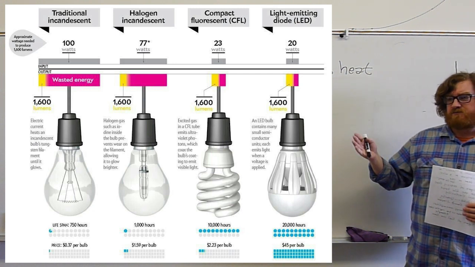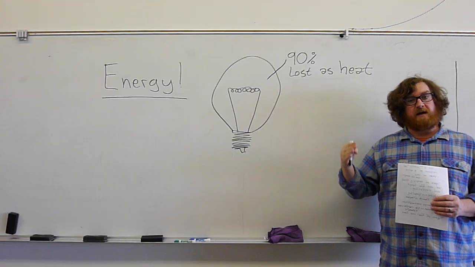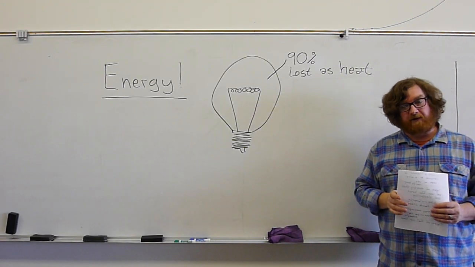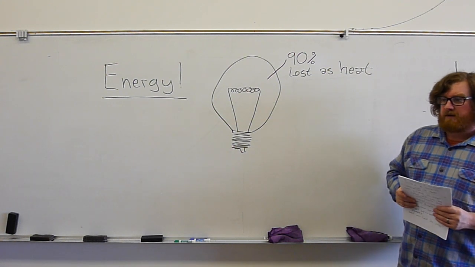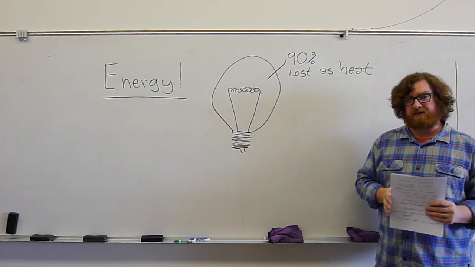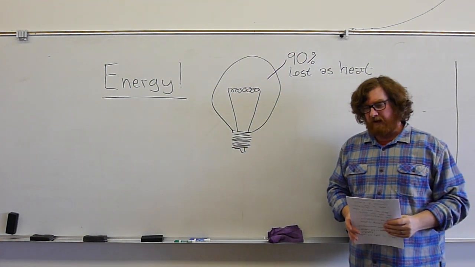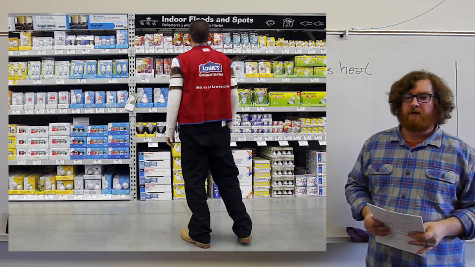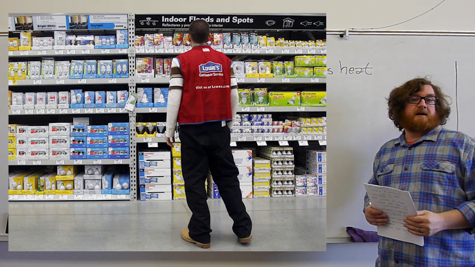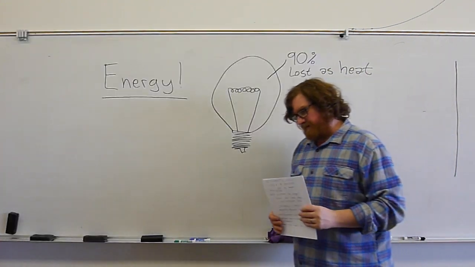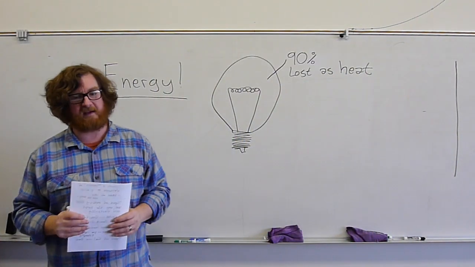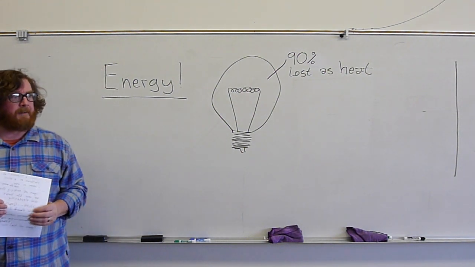So they're converting less to heat, and overall they're also using far less energy. So in the current world market, when you go to Home Depot and look at the light bulb aisle, LEDs are the best way to go, but there's a downside, right? Anyone who's tried to buy an LED light bulb realizes that they can actually be pretty spendy.